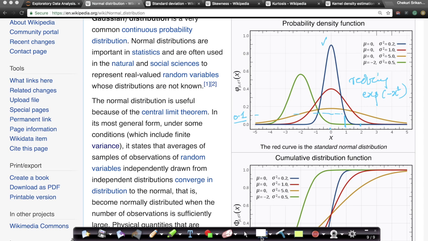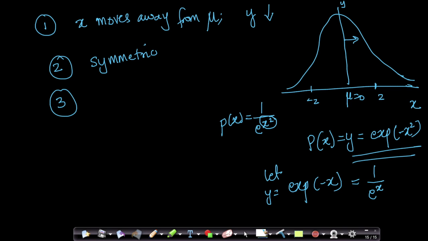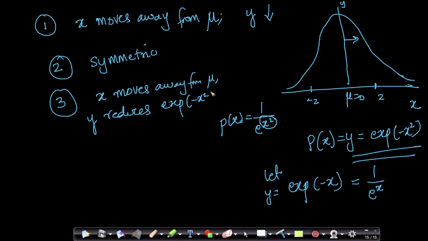So that's one of the important properties of your PDF: as x moves away from mu, your y reduces exponential of squared, right? So x squared. That is important because as you're moving away, it's going to fall very, very fast.